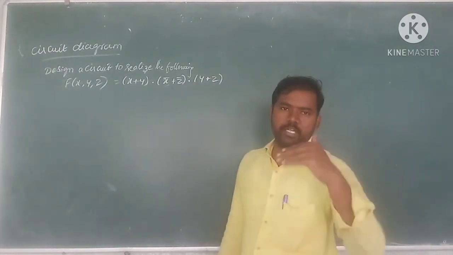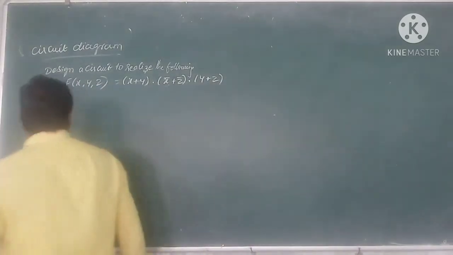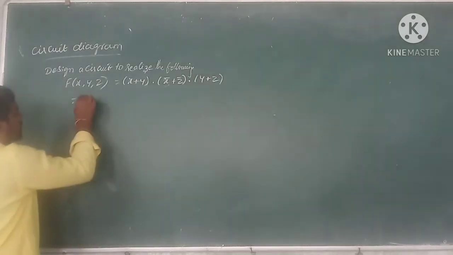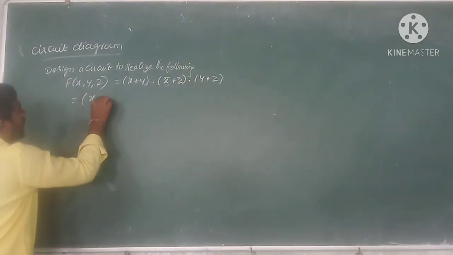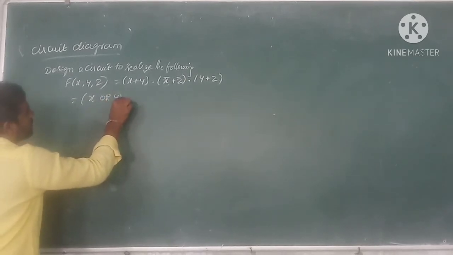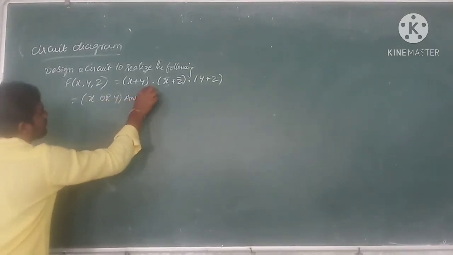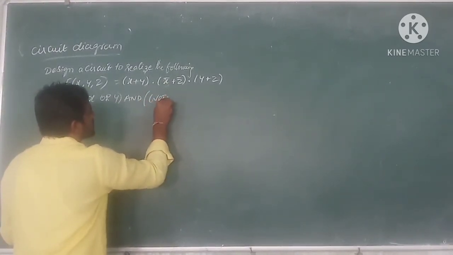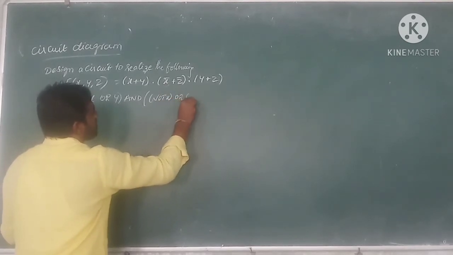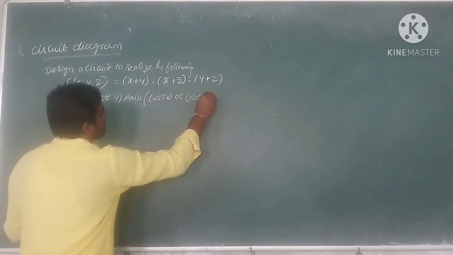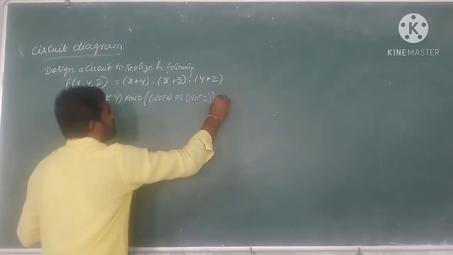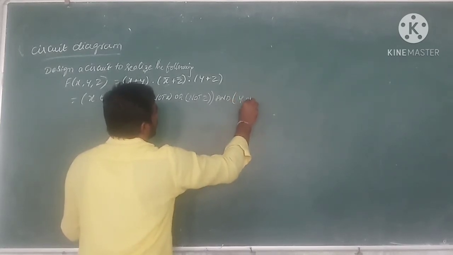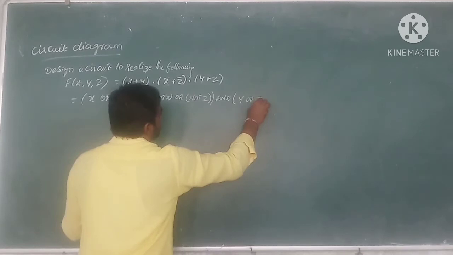As I told you, convert it into AND and NOT form to draw the circuit diagram easily. So x or y, and this is the AND, with not x or not z, and y or z.